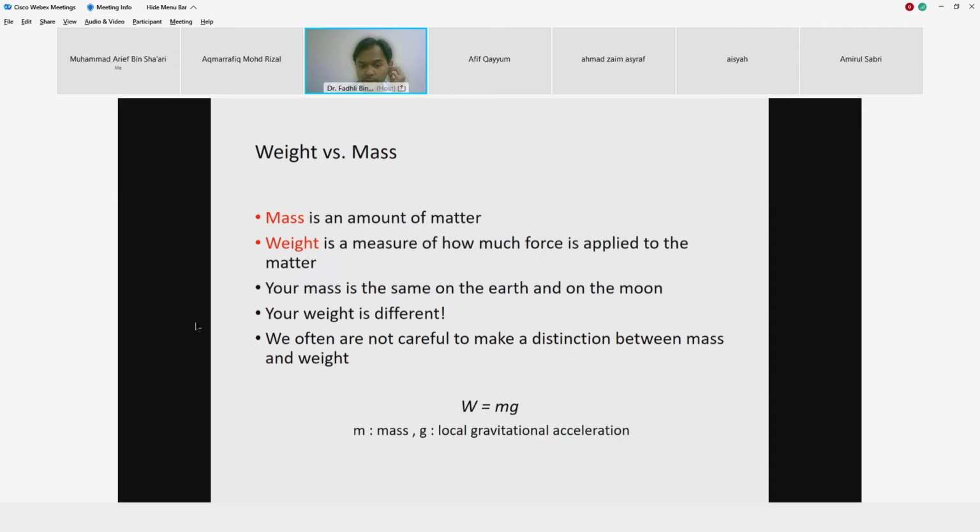So here weight is mg, mass times acceleration. So the unit here for weight is Newton. Mass is of course kilogram.